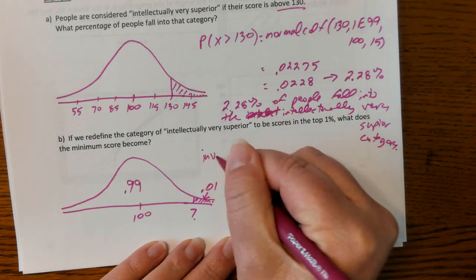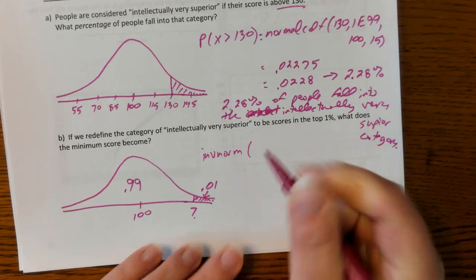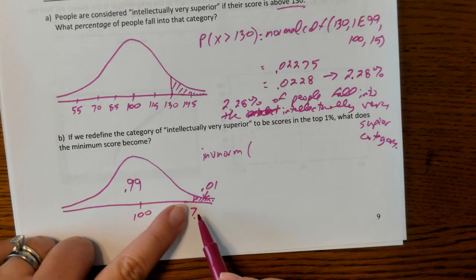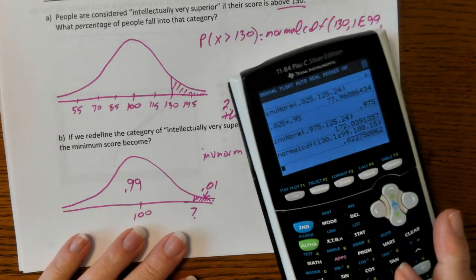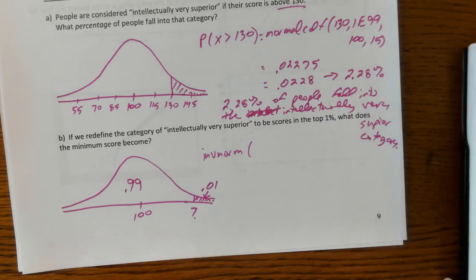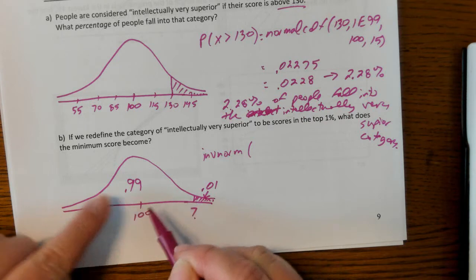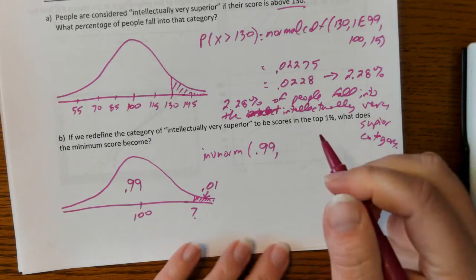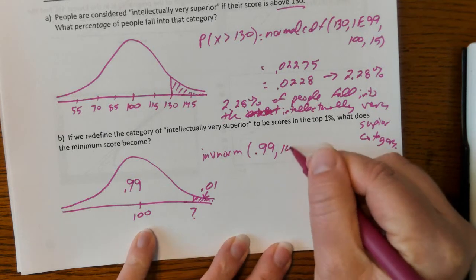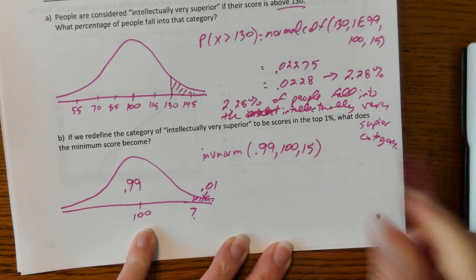We're going to inverse norm it, because we know the area, it's the cutoff we're looking for. So remember, our calculator, assuming you're using an 83 or one of the older 84s, wants the area to the left, to the left, to the left. So 0.99, the mean is 100, standard deviation is 15.